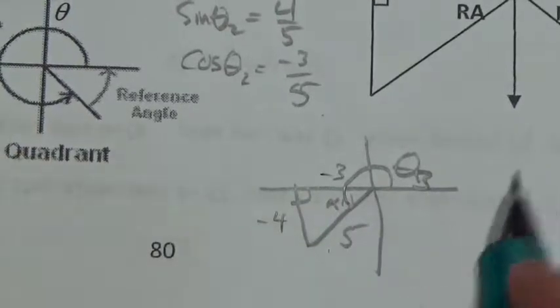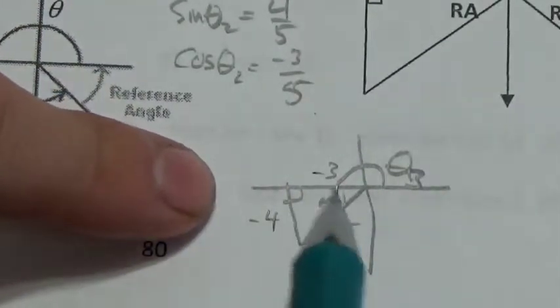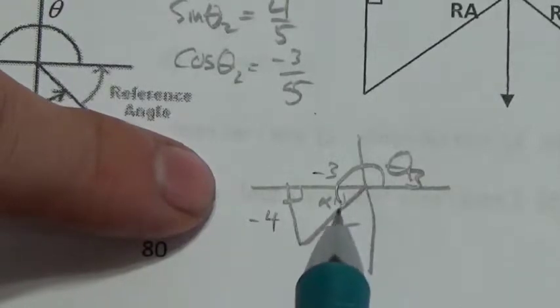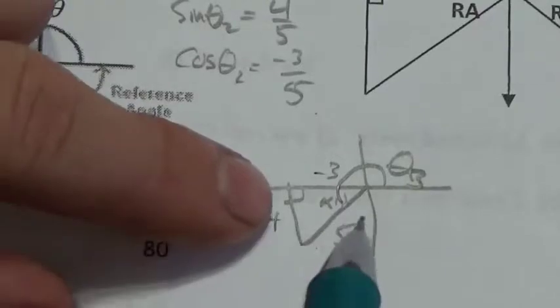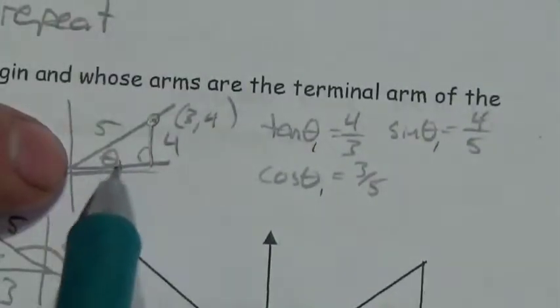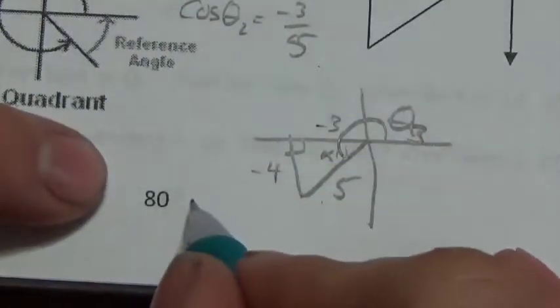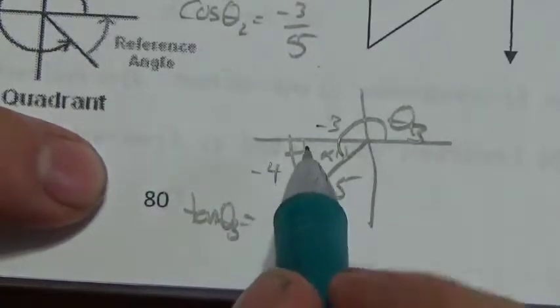And again, by definition, I'm going to say all of the trig functions for theta 3 will be identical to the trig functions that we get for alpha, for my reference angle. And remember, that angle is going to be the exact same angle as we got right here in the first quadrant. Now in this case, tangent of theta 3 is going to be -4 over -3.